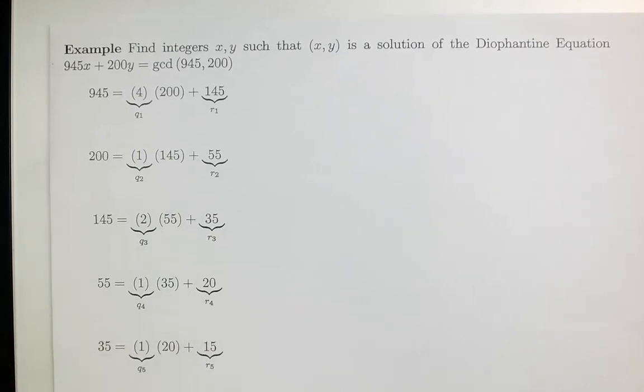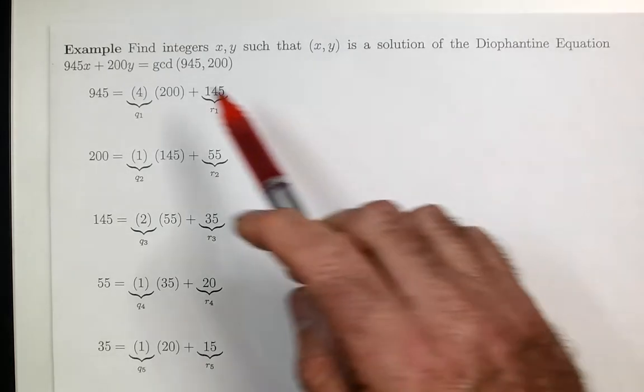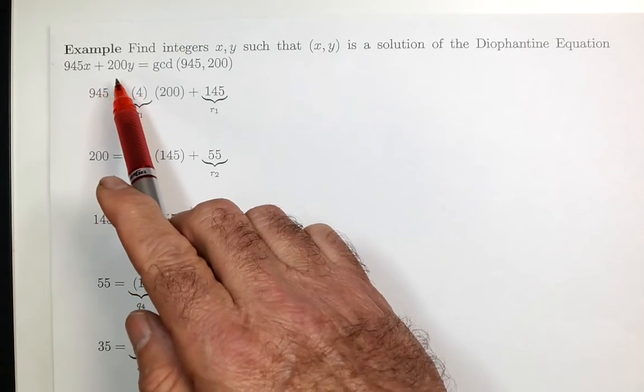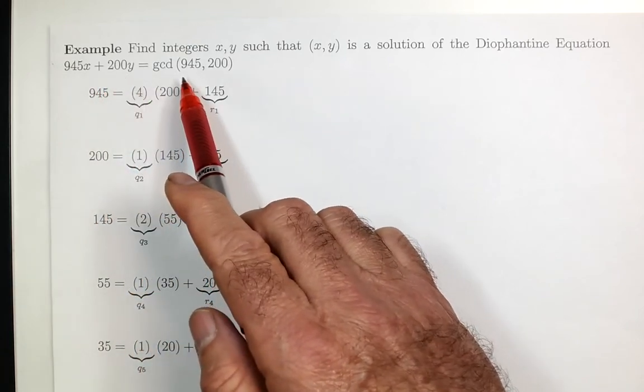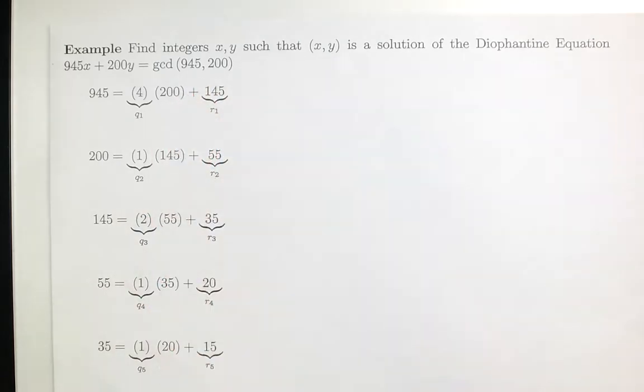Find integers x and y such that x, y is a solution of the Diophantine equation 945x plus 200y equals the greatest common divisor of 945 and 200. If this looks familiar, this was actually an exercise on our first test.